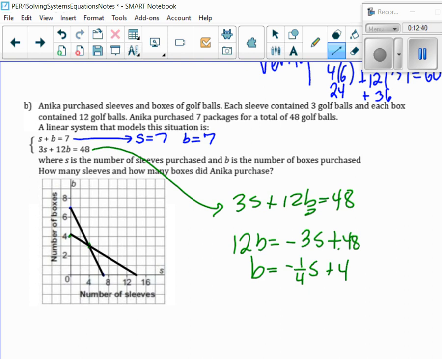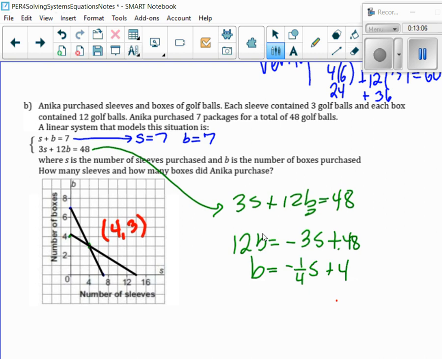Because I'm going down. Do you see the Y scale is going up by 1s, but my X scale is going by 2s. So when I go down 1 over 4, I'm actually to the next square, I'm going over 2, and then that would be over 4. Okay, so then what's my intersection at? 4, 3.